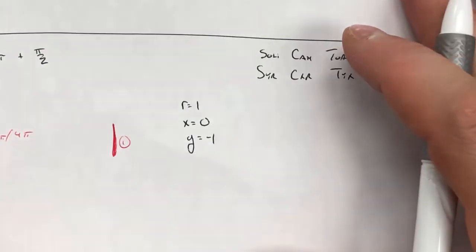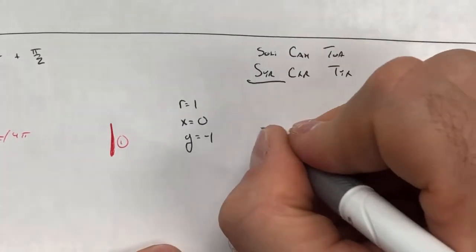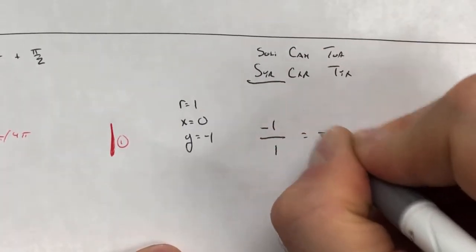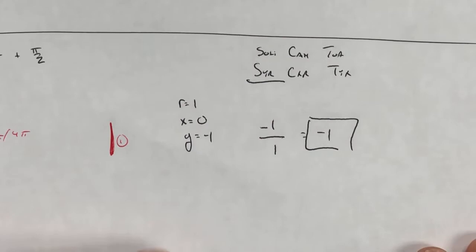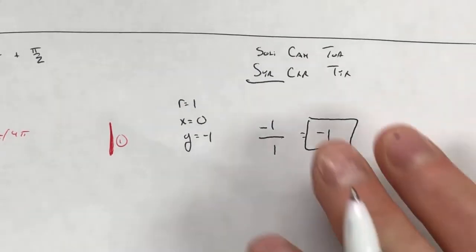Looking for the sine, which means I'm looking for the y value over the radius, in which case is -1 over 1, which is -1. Awesome. So that's the end of that style of question, but we still got 4 more to go. These are real quick.